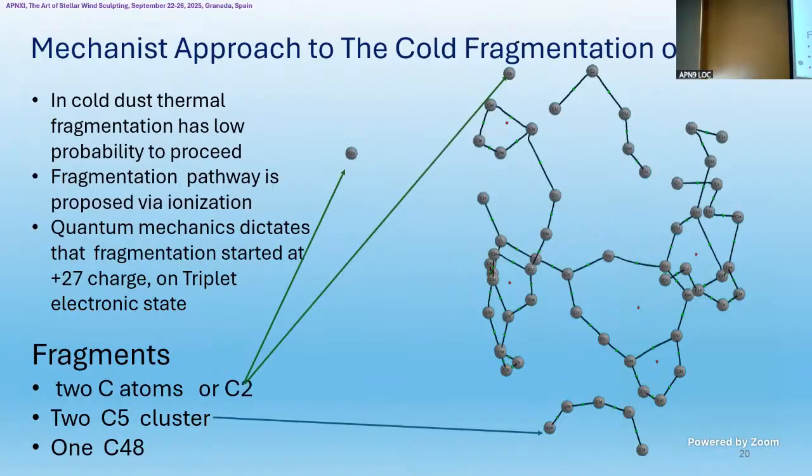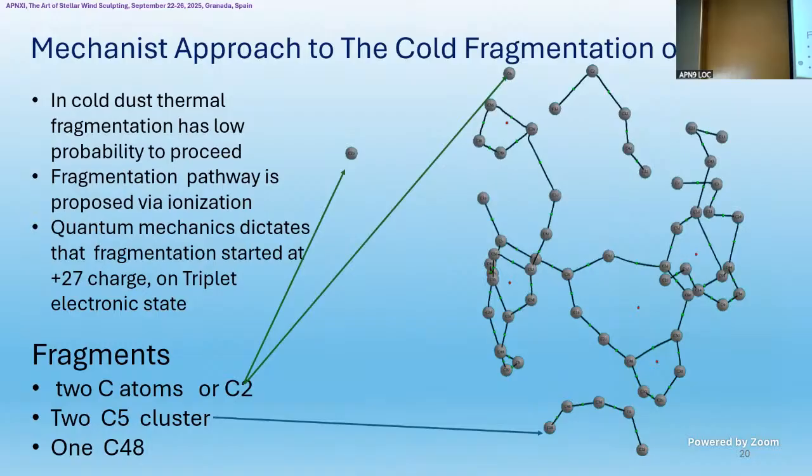Now, fragmentation. The study gives us a very particular way of looking at fragmentation of fullerene in cold conditions, not hot, based on ionization. That is a mechanistic approach. Now, I say that this is a plus 27 charge.